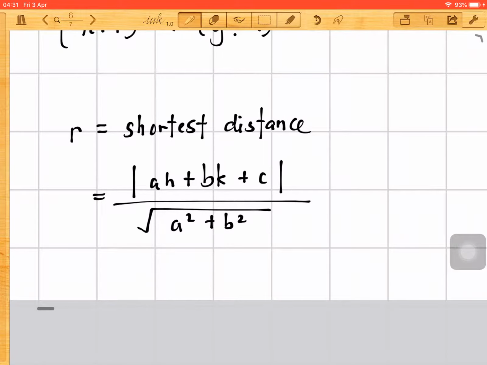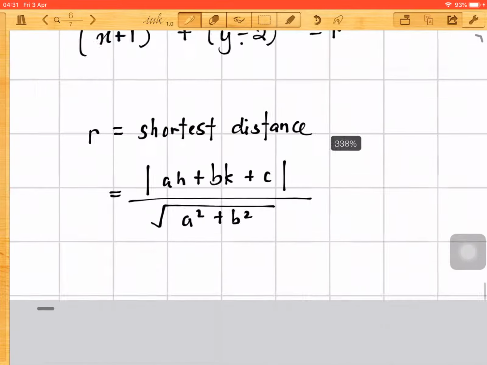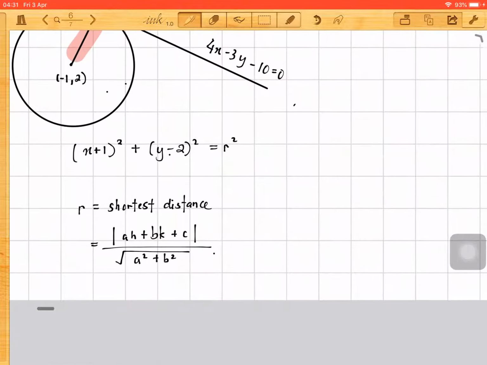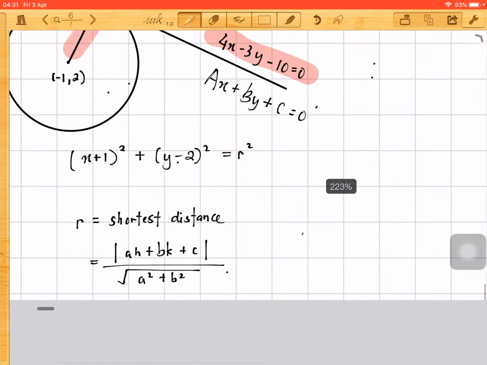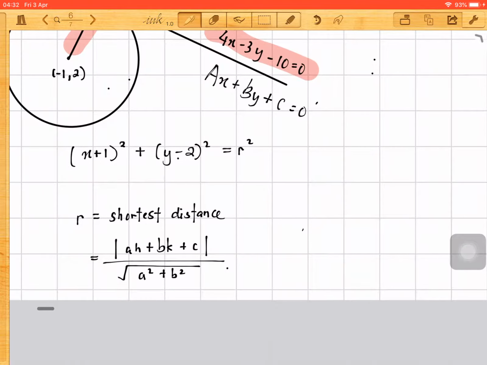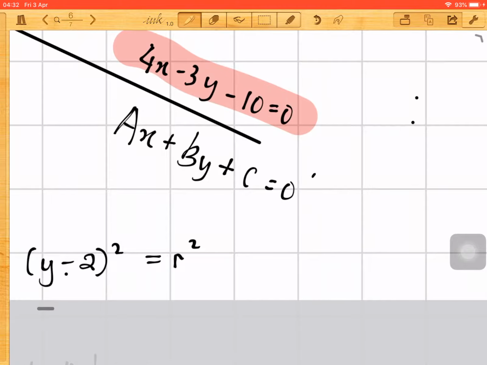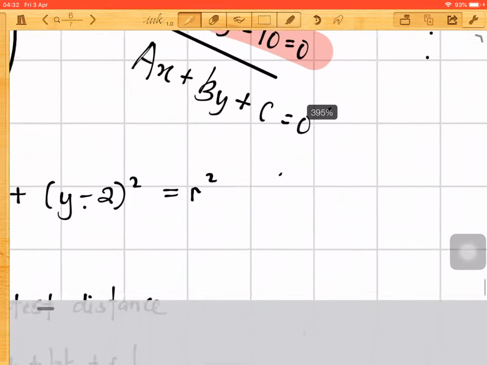So this H and K here are the center, and ABC is actually from the straight line here. So it is AX plus BY plus C equals to 0. In this case, we have our A is 4, B is -3, and C is -10.